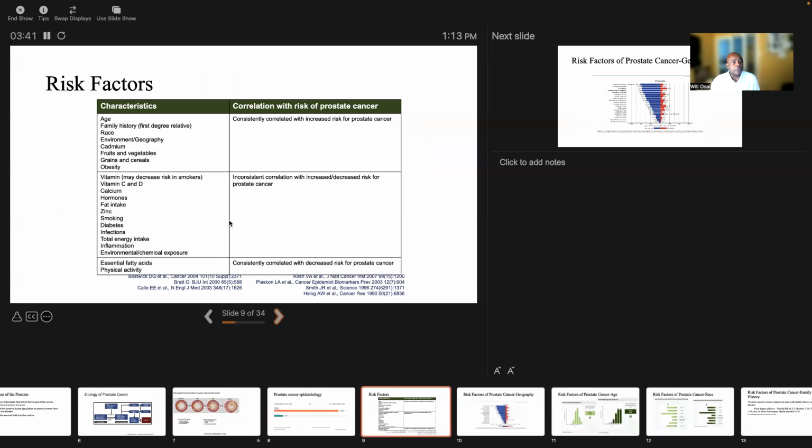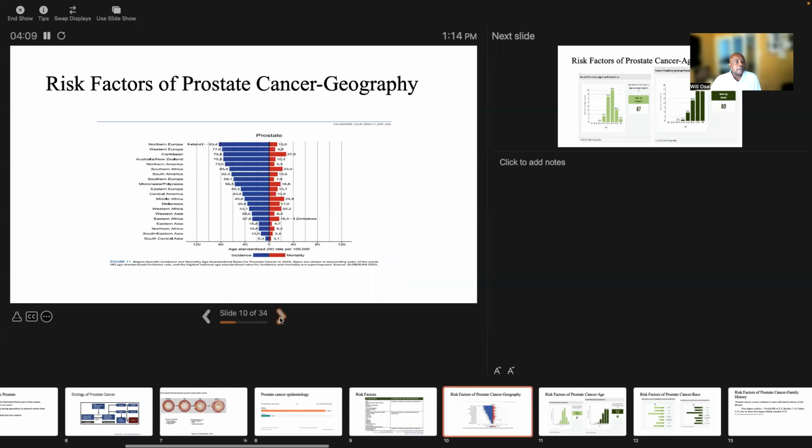Strongly associated risk factors include age, family history, race, environment/geography, exposure to environmental carcinogens, insufficient intake of fruits and vegetables, and obesity. Less strongly associated factors include diabetes, infection, inflammation, vitamin C and D deficiencies. I will discuss some of these factors in detail in the next few slides.